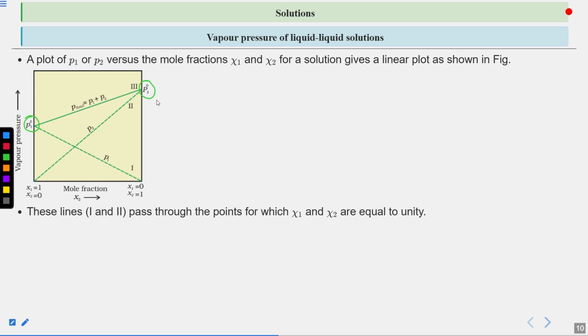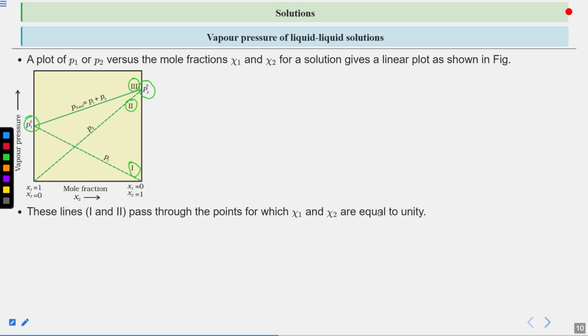And that is the reason that as we are increasing component 2, we see a total increase in the pressure, because total pressure will increase on adding more and more volatile substance and removing the less volatile one. So three plots can be seen. First, P1 is decreasing as we decrease the concentration of 1. P2 is increasing as we increase the concentration of 2, and P total is increasing as we are adding more and more of the volatile component 2.